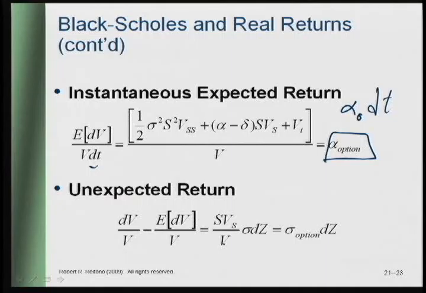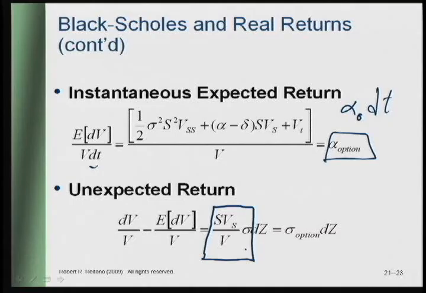Now notice that this sigma option is this expression. So it's saying that the unexpected return has a volatility that's proportional to the volatility of the stock. And the proportionality factor is a formula that might look familiar to you. We've seen it before.